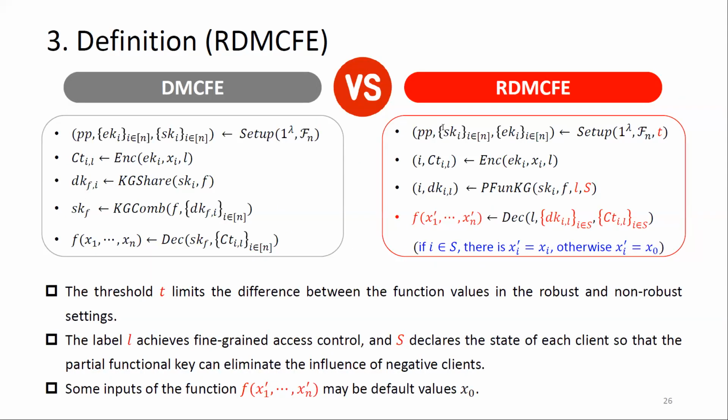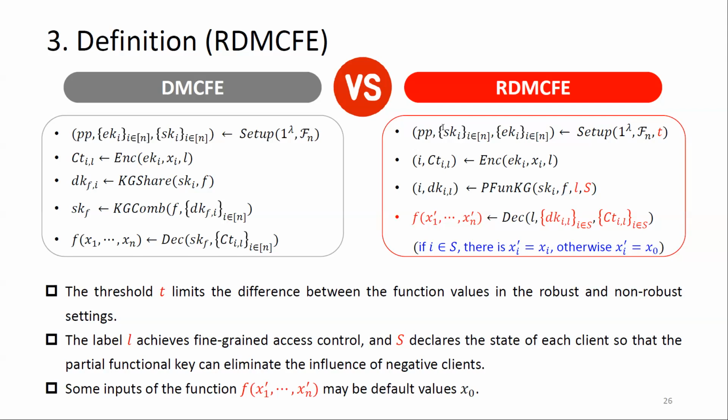So in the motivation, to detect the congestion as realistically as possible, we require that the number of positive clients is not less than a given threshold. So in the setup protocol, we additionally include the threshold, which limits the difference between the function values in the robust and non-robust settings.